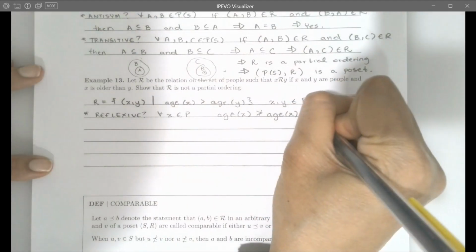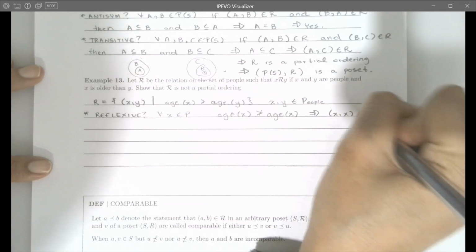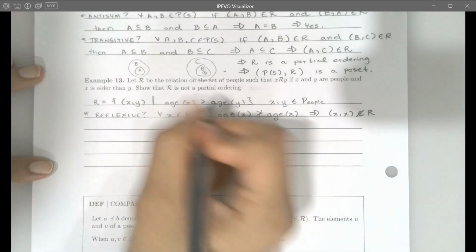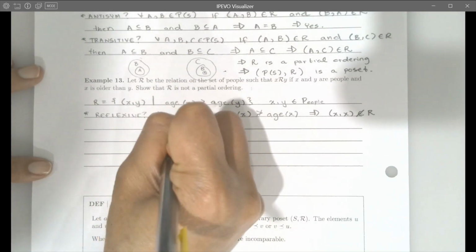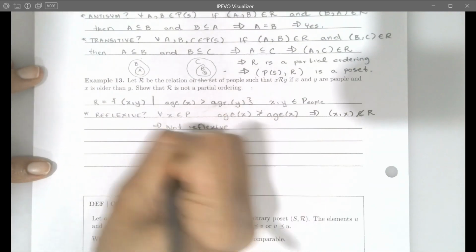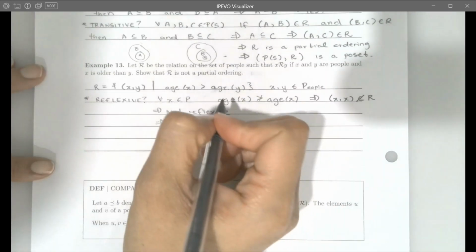So that means that the element x comma x is not going to be part of the relation. And so if it's not part of the relation for any x, it means it's not reflexive. And this is the main reason why this is not a partial ordering.